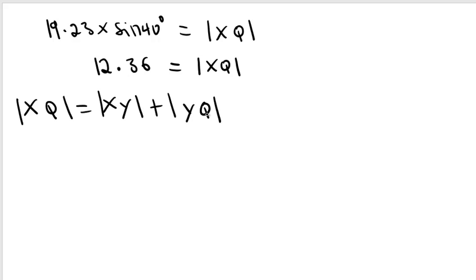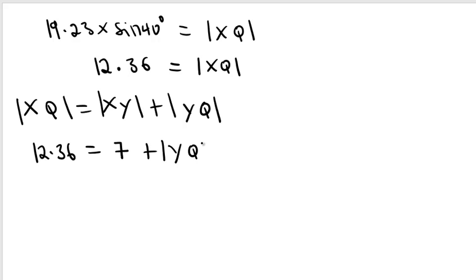So if the question is asking us to find the length of YQ, then it means that here we can make YQ the subject, but we can substitute the values for respective sides. For XQ we had 12.36, so we have 12.36 being equal to XY, which is 7, plus the length of YQ.